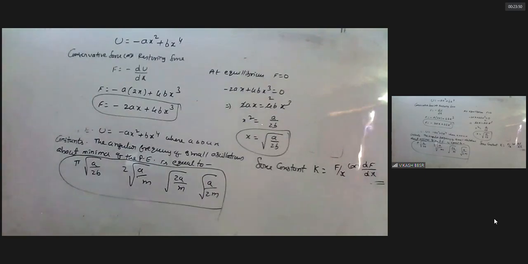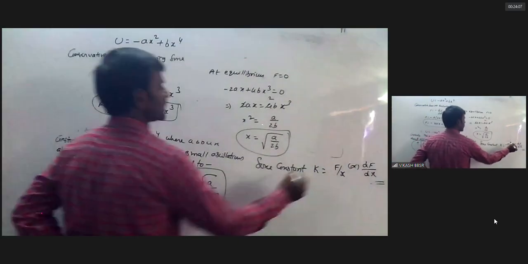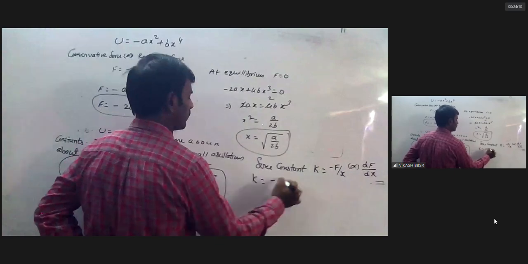How much will come? I think I am missing a negative sign. Minus there. K equal to minus half.